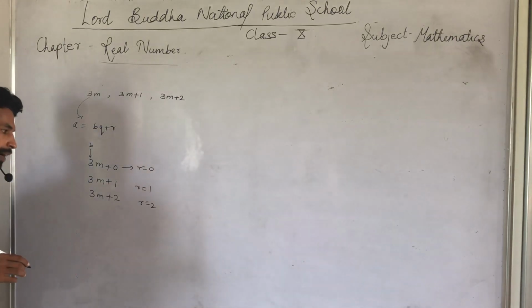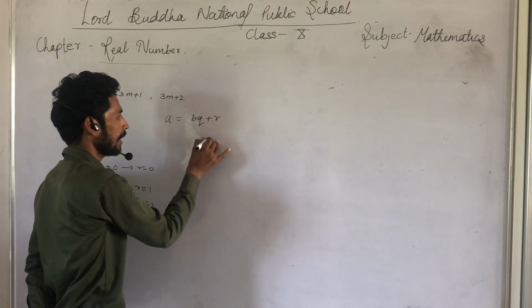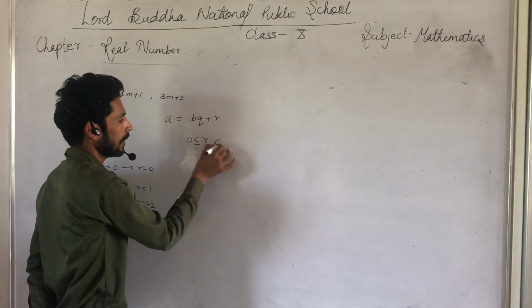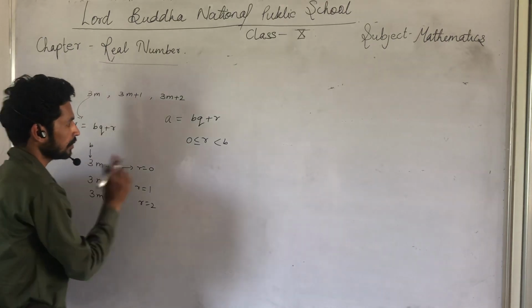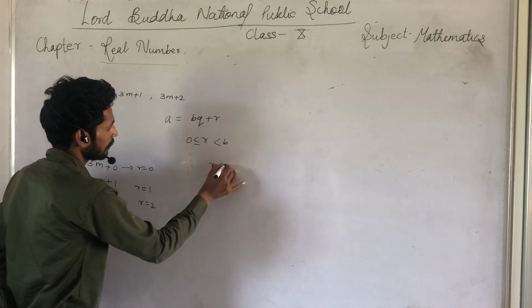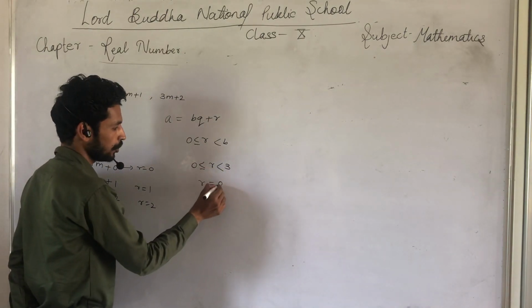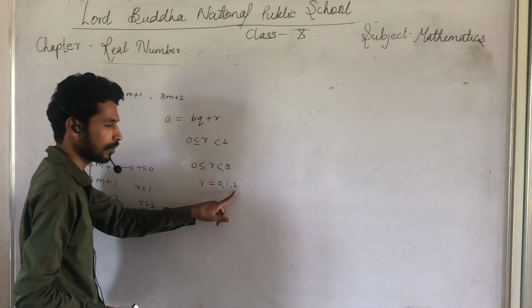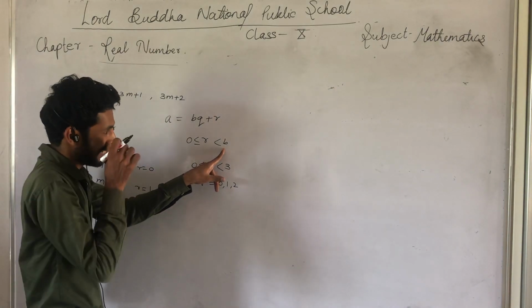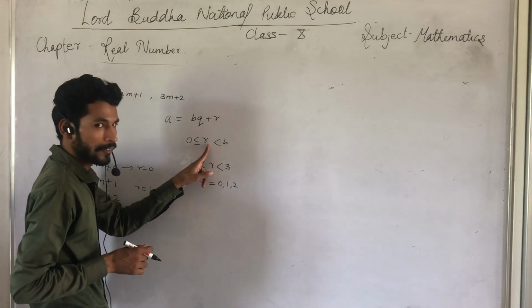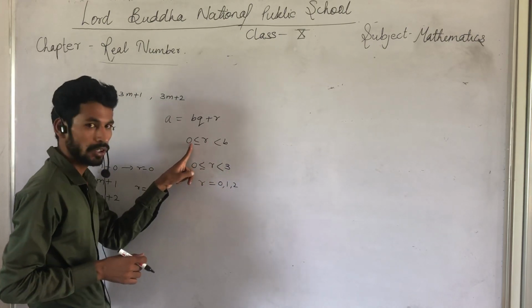So, what is the value of R? When we write A equals BQ plus R, R will be greater than or equal to 0 but less than B. That means if B is 3, R will be less than 3 but greater than or equal to 0. So the value of R equals 0, 1, 2. But we don't go for 3 because there is a relation between R and B which tells that the value of R will be less than B, but it can be equal to 0 or greater.